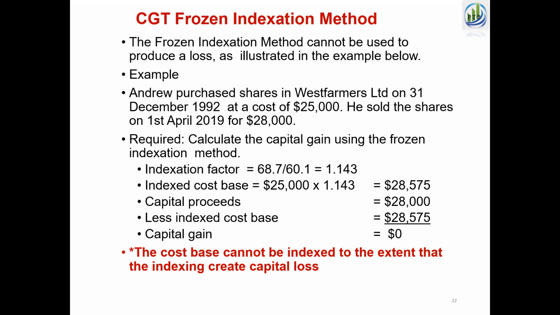If you click the indexation and put in all the numbers, the capital gain will be zero, right? That's not making the loss from the indexation method. So you can practice when you have the time at home. And so which method do we prefer here? We prefer to go with the indexation method. If you go with the discount method, we may pay capital gain on 1,500.